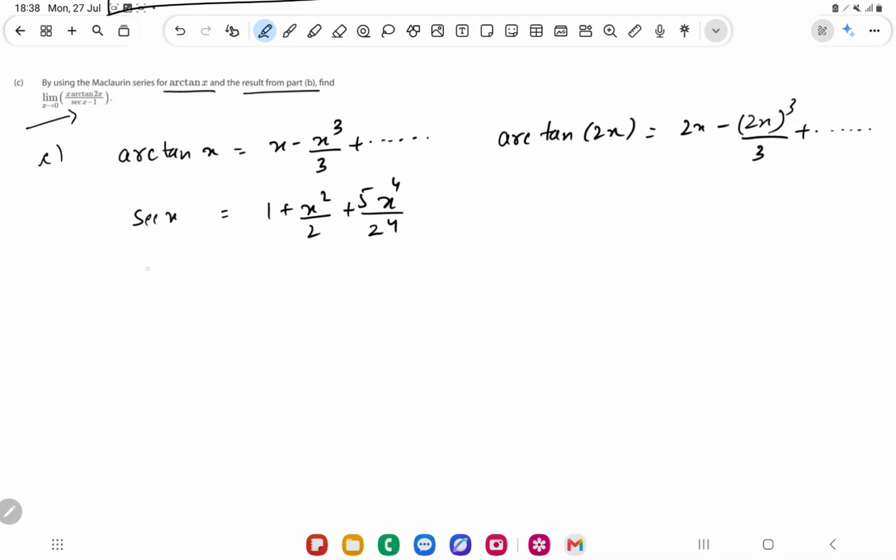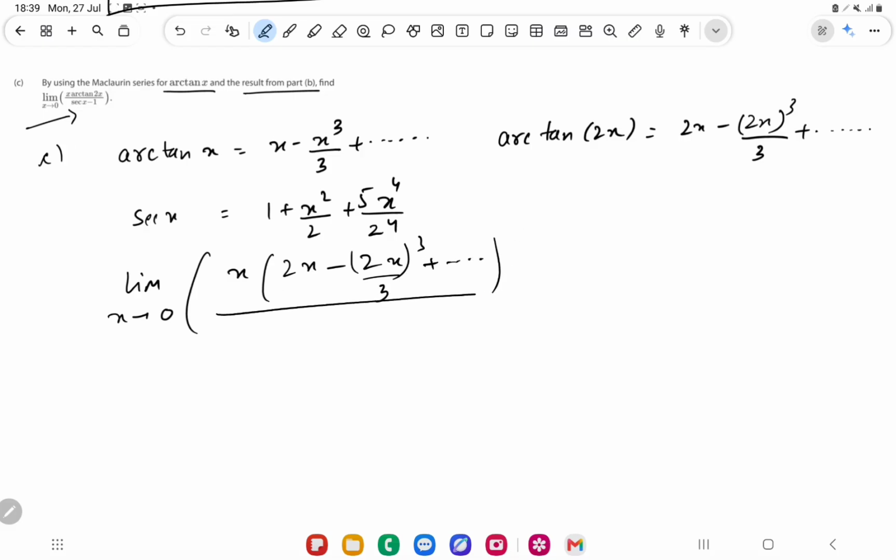So now what I can do is replace everything into the limit, so x tends to 0. It says x arc tan 2x, so x multiplied by arc tan 2x whole divided by sec x minus 1. So I will substitute the sec x value, which is this, minus 1.